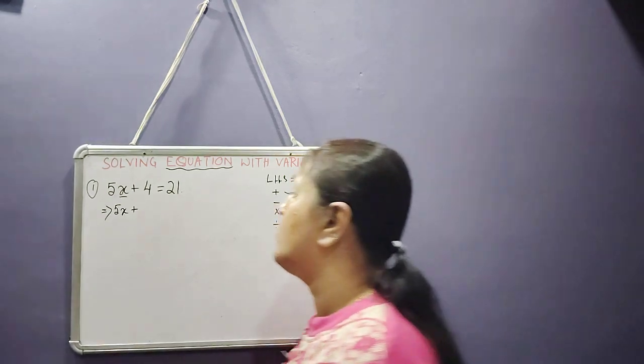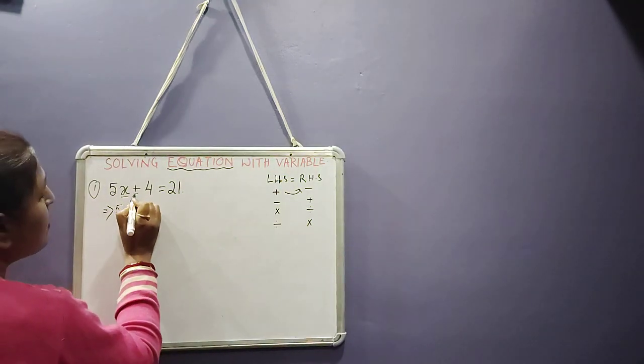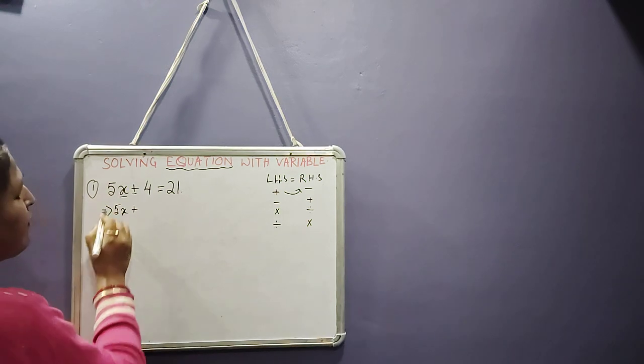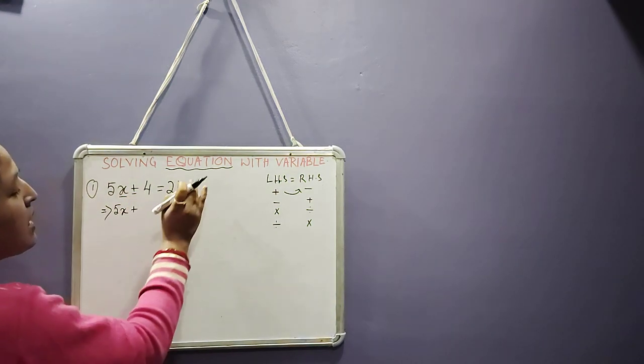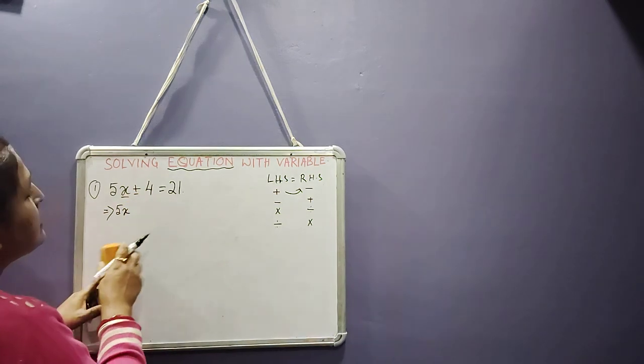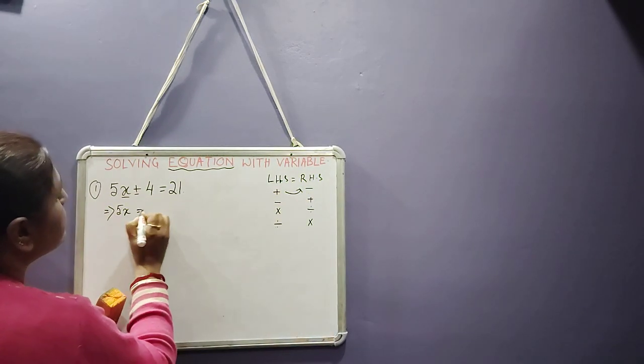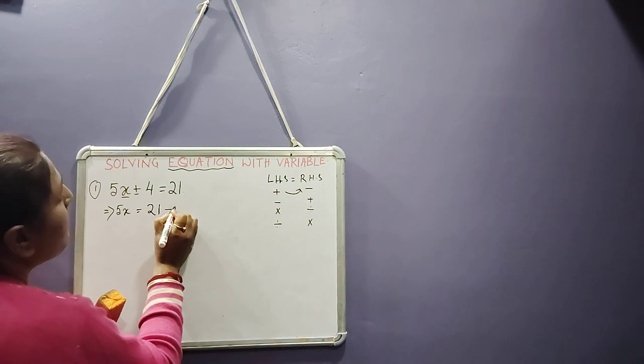Now in this question, you can see the sign between the two numbers is plus. So if I want to find the value of x, I need to take this number to the right hand side. Since it is plus, according to the rule, if you change the side, the plus will become minus.